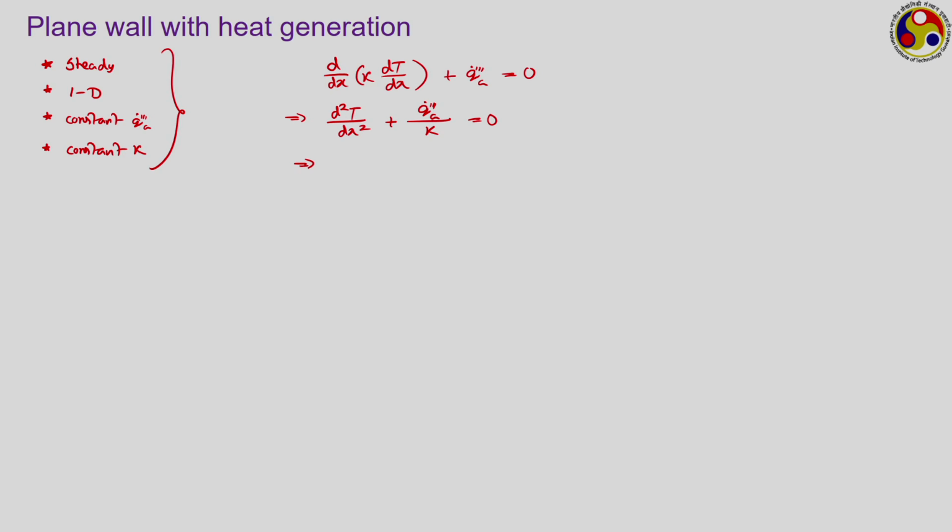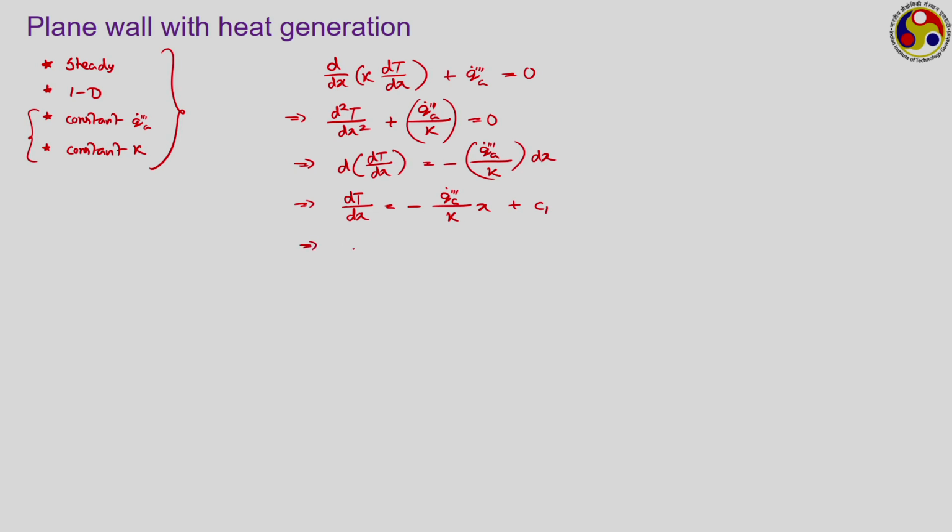So, we have to solve this one now. Remember, this term is constant as per our second, third and fourth assumptions, so it is not very difficult to solve at all. We can directly write d of dT/dx is equal to minus qg dot triple prime upon k into dx, that is, dT/dx becomes minus qg dot triple prime upon k into x plus C1.